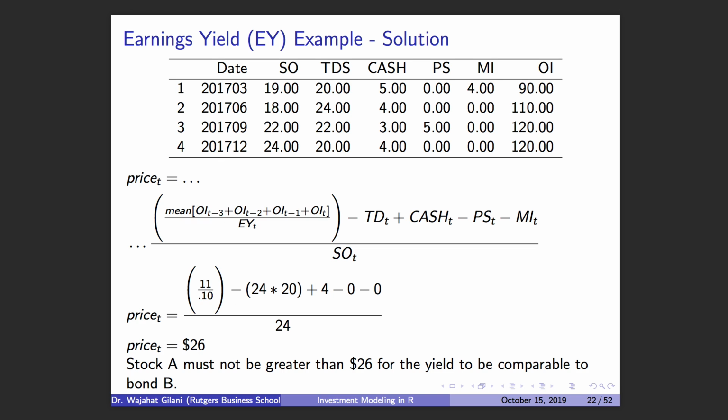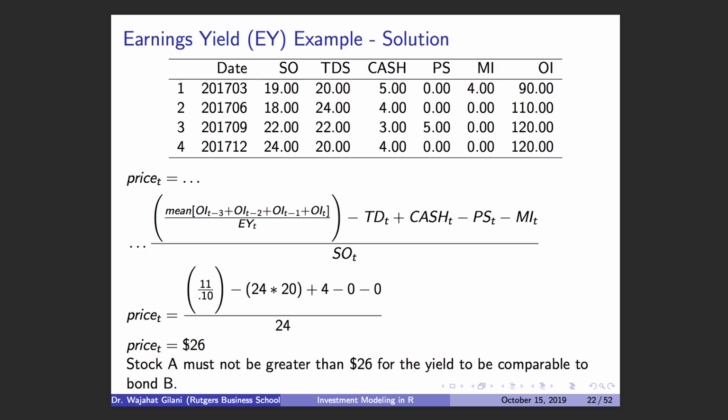All right. And so we get this price, $26. That is my fair price. That means stock A cannot be greater than $26 for the yield to hold. If stock A is at $26, the earnings yield will be the same as my actual yield for the bond. Now, if the price goes above $26, that earnings yield is going to go down.